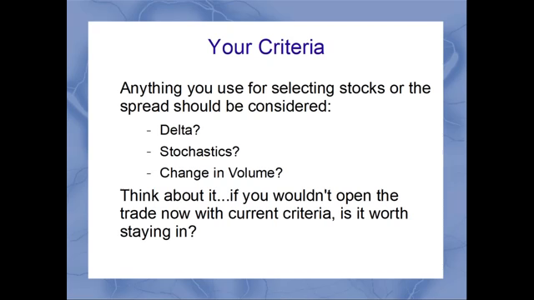If not, ask yourself now, is it worth staying in? How have your technical and fundamental criteria worked out for you going forward? And if you usually see a negative criterion, and 80% of the time you see stocks falling because of that, now that it's happened while you're in the trade, you might want to consider getting out of your bullish trade if it's pointing to a bearish mode.